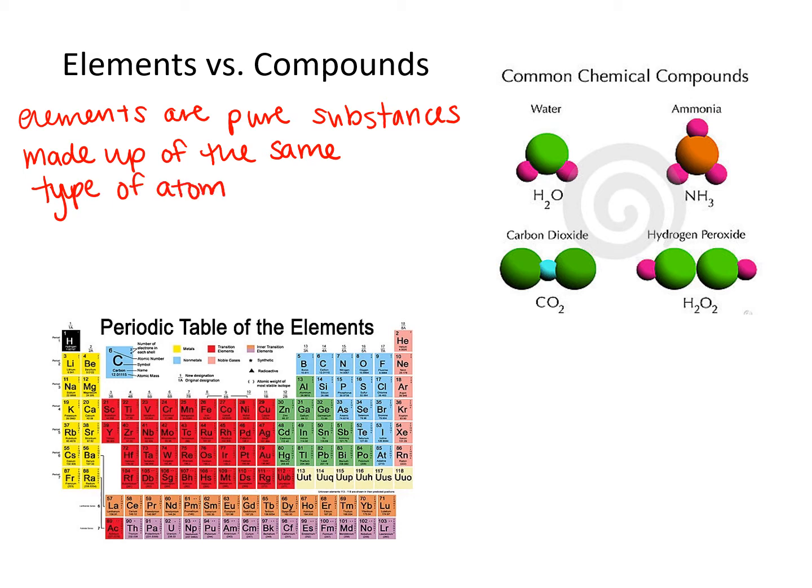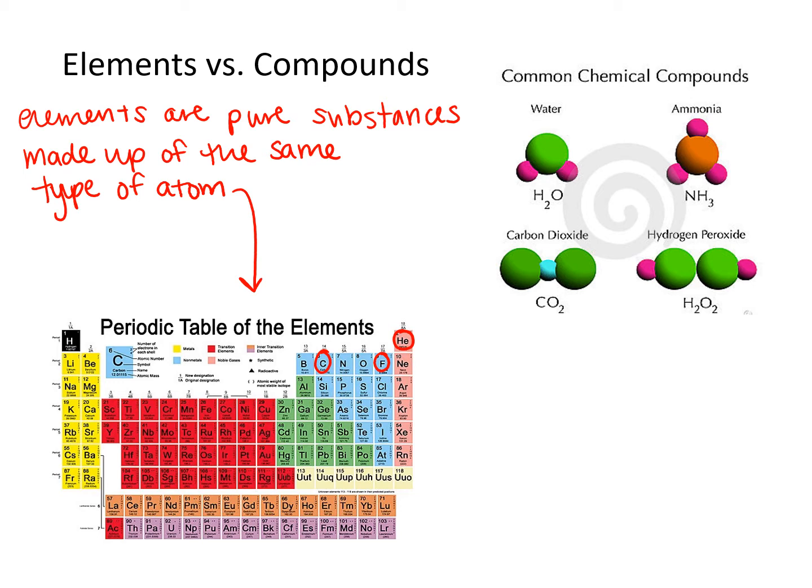When we think of chemical substances that are made up of the same type of atom, generally, when we're talking about elements, we're talking about something coming from the periodic table of elements. So if we're talking about a single element, for example, carbon or fluorine or helium, we're talking about all atoms of those individual elements, and therefore we're talking about just the single element.